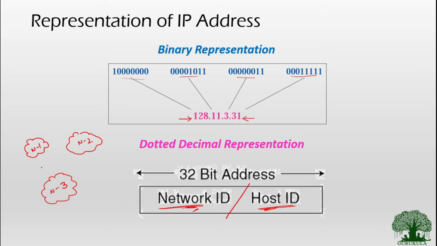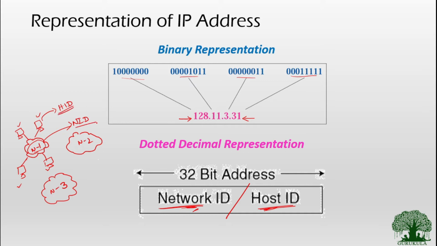So here 3 networks are connected, and let us assume that this network has 4 PCs: 1, 2, 3 and 4. Now there should be a few bits to represent which network I am talking about, and this is what we call the net ID, in short NID. Then each and every host connected in this particular network will have an ID, which we call the host ID, that is HID.